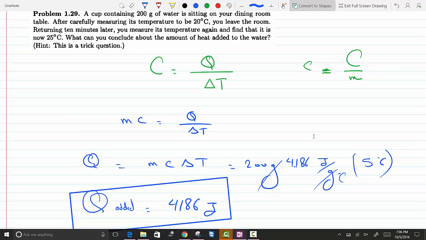So if you're changing the temperature of water by 5, and you know that the specific heat per 1 gram is 4.186 for every Celsius, then if you have 200 grams and 5 Celsius, that would multiply to 1 times 10 to the 3. So that would be 4.186 times 1,000, 4,186, to change 200 grams 5 degrees. I guess probably that's what it means.